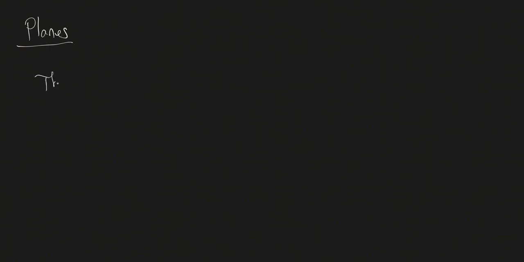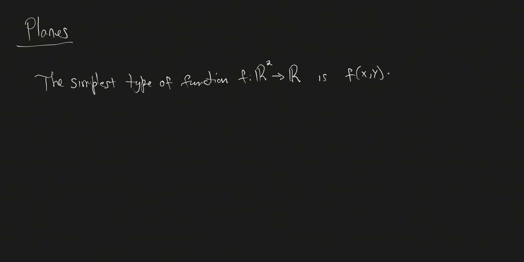The simplest type of function where you have ordered pairs being associated with real numbers is, I'll write it like this, f of x, y is equal to a constant times x, and then a constant times y, and then add another constant.